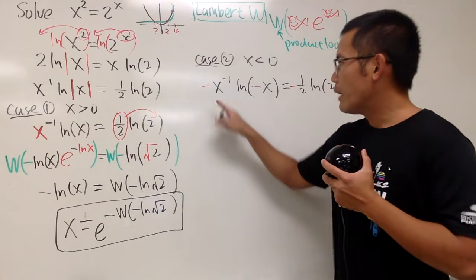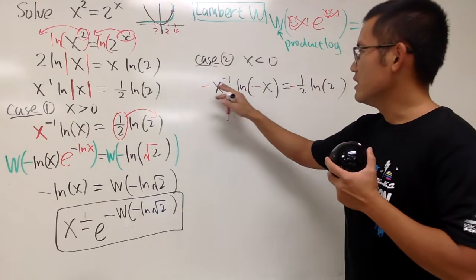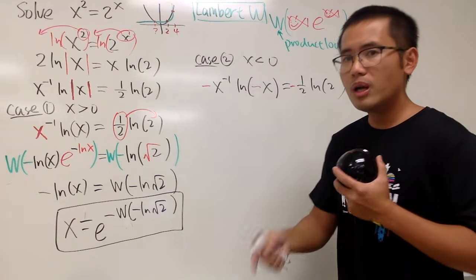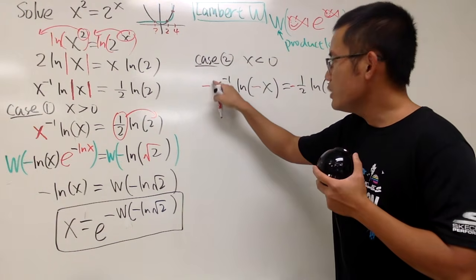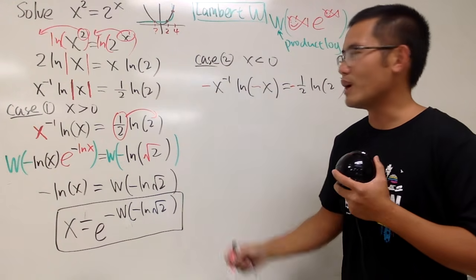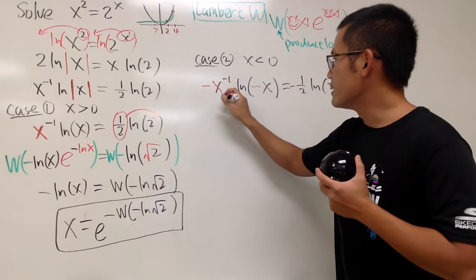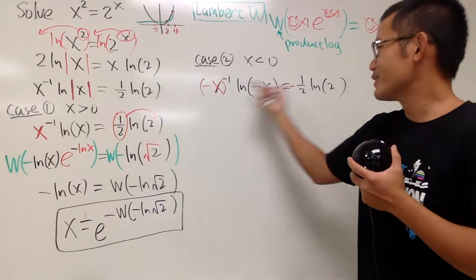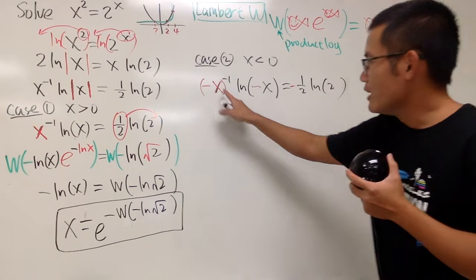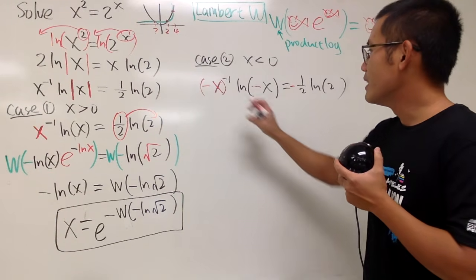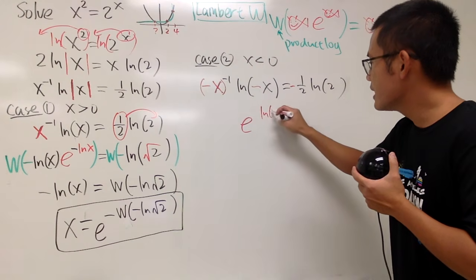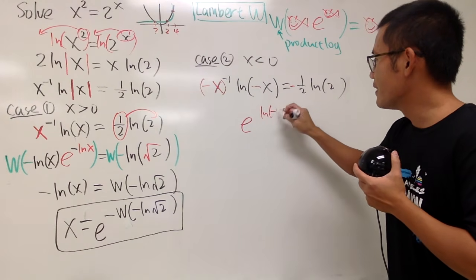But I want to write the whole thing as e to the ln of negative x. We have the negative 1 power though. But luckily we know that negative 1 to a negative 1 power is also negative 1. So I can legitimately write it as negative x, put a parenthesis like that, to a negative 1 power. So that's very nice, right? So if you look at this part that I have right here, we can write it as e to the ln of negative x right here.